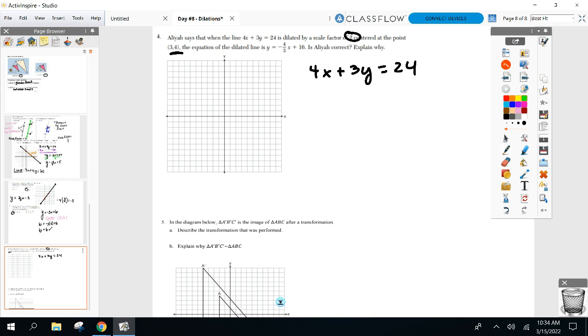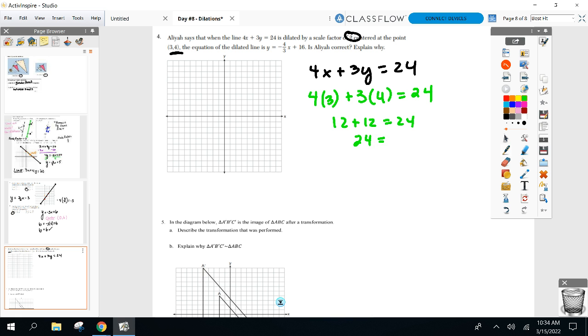What's your x coordinate? 3. So does 4 times 3 plus 3 times, what's my y coordinate? 4. Is that equal to 24? 12 plus 12? I think it does, right?